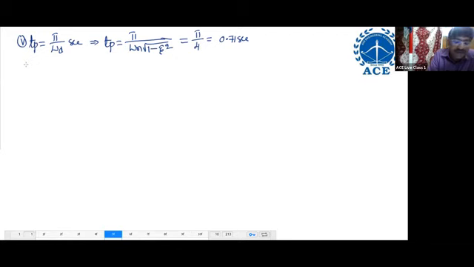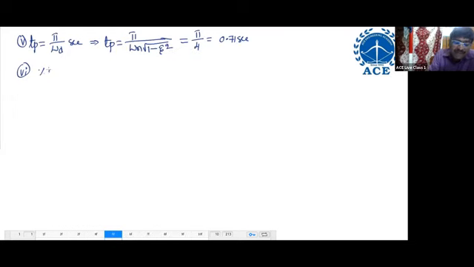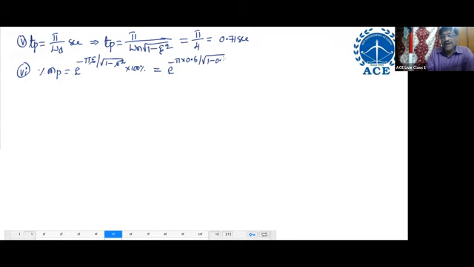Okay. Next, come on. Next, sixth one. Percentage of MP: e power minus pi zeta divided by root of 1 minus zeta square, into 100%. What is the answer? E power minus pi into zeta, zeta is 0.6, root of 1 minus 0.6 square. So get the answer.